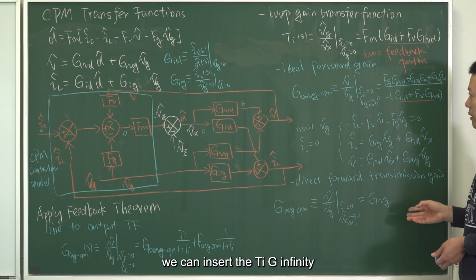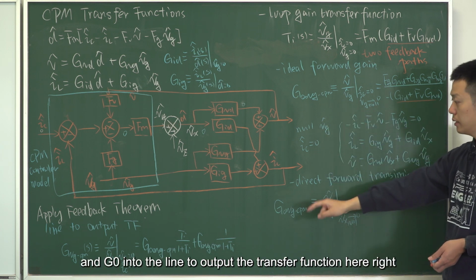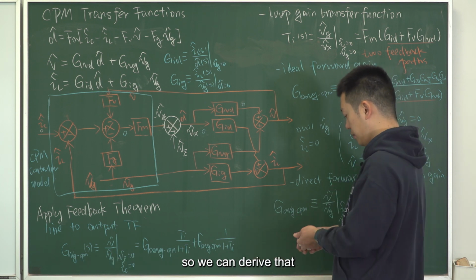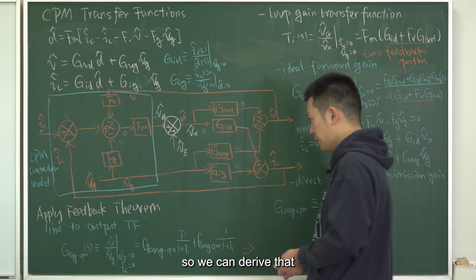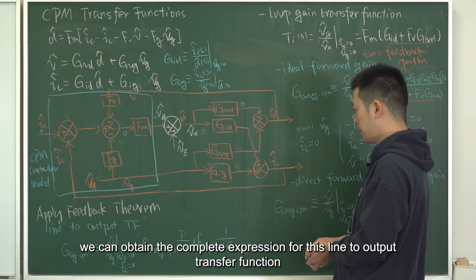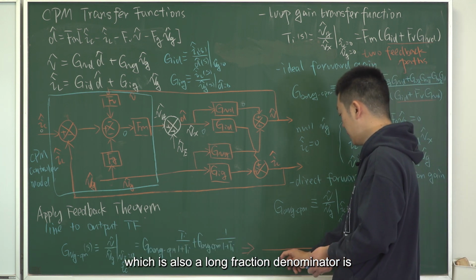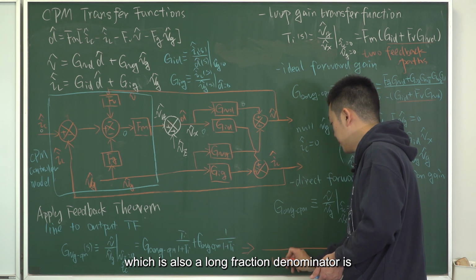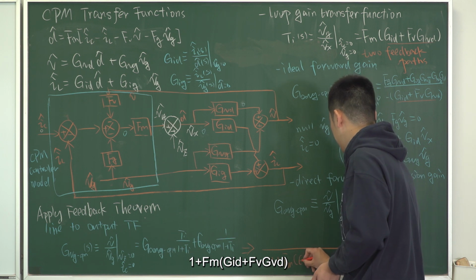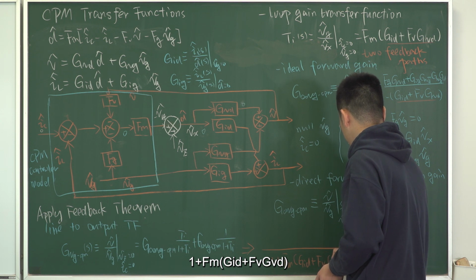Okay, next we can insert the Ti, G infinity, and G0 into the line to output transfer function here. So we can obtain the complete expression for this line to output transfer function, which is also a long fraction. The denominator is 1 plus Fm GID plus FV GVD.